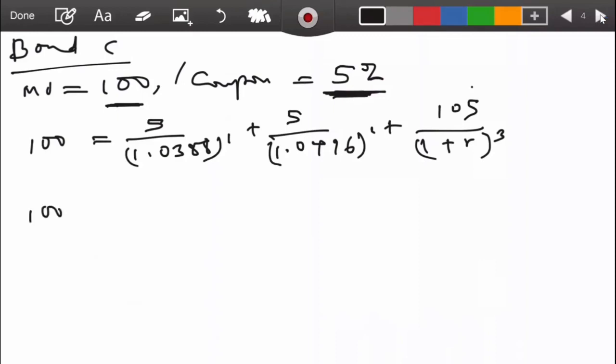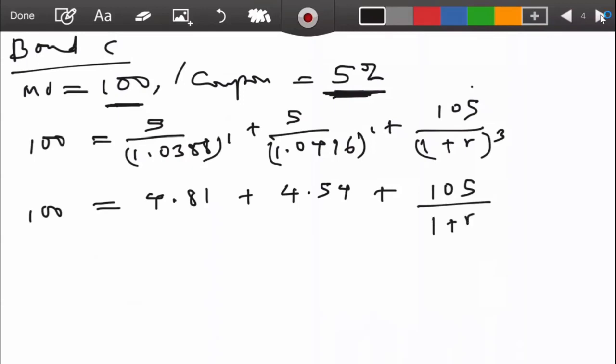So 100 will be equal to 4.81 plus 4.54 plus 105 all over 1 plus r raised to power 3.